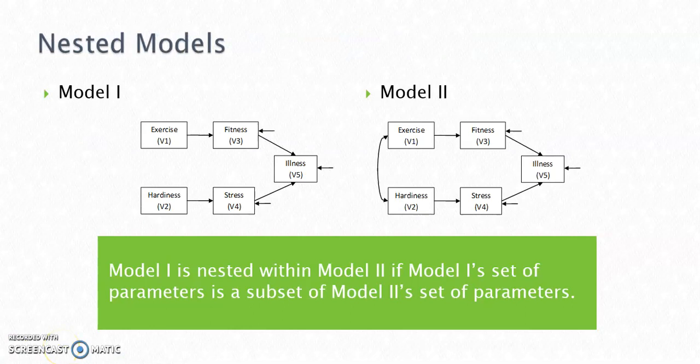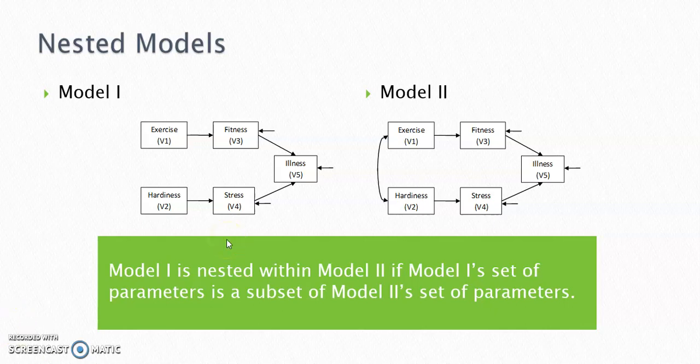Now, let's consider the situation in which your model has good fit indices and you are able to identify alternative models that also have good fit indices. It becomes important for you to compare your model with alternative models to see which model fits the data better.